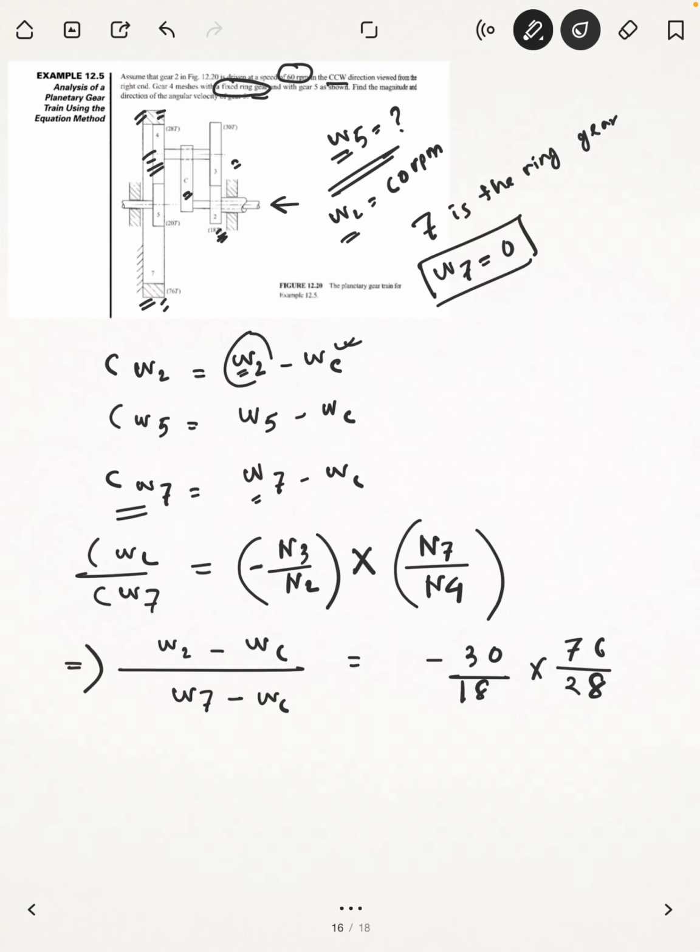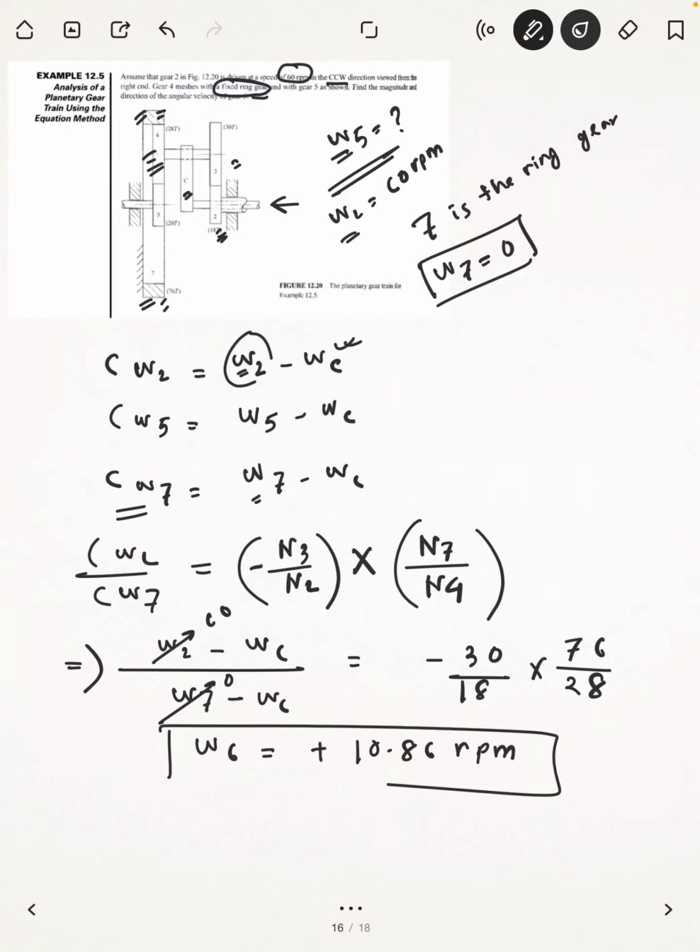Now if you solve, with omega 7 as 0 and omega 2 as positive 60, you get omega C as positive 10.86 rpm. What will be its direction? Counterclockwise. Now you're asked to determine the value of omega 5. So you have to use what?